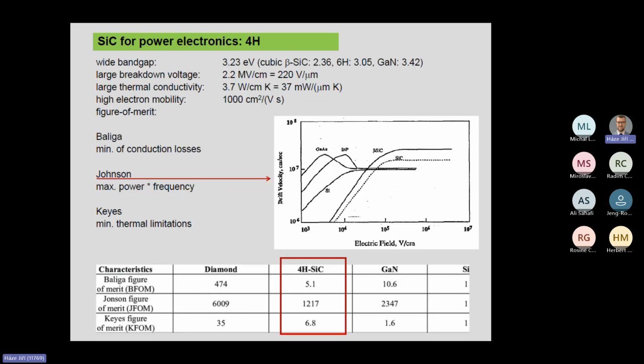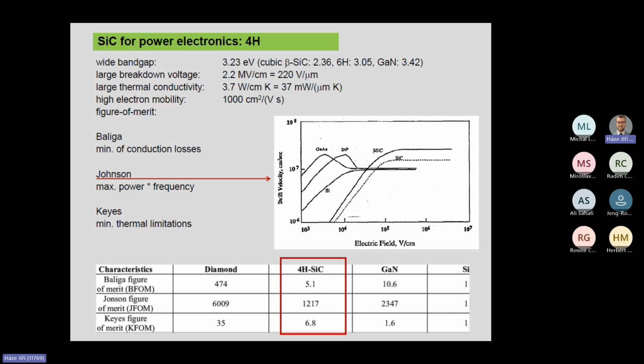4H is the preferable modification for power electronics, wide bandgap, and so on. We have here the large saturation velocity in silicon carbide, for example, and all of the virtues of different materials are summarized here in these figures of merit.